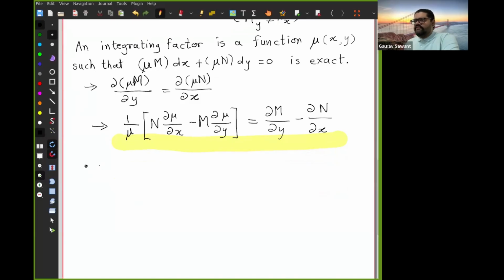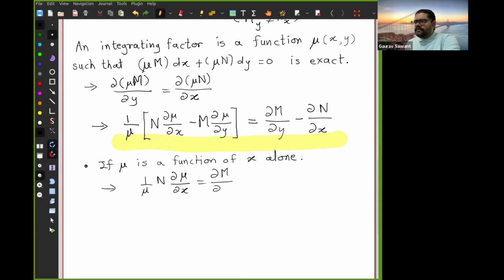So if mu is a function of x alone, if that happens, then this del mu by del y term will not appear, and you will be reduced to the problem 1 over mu N d mu by dx equal to del M over del y minus del N over del x.